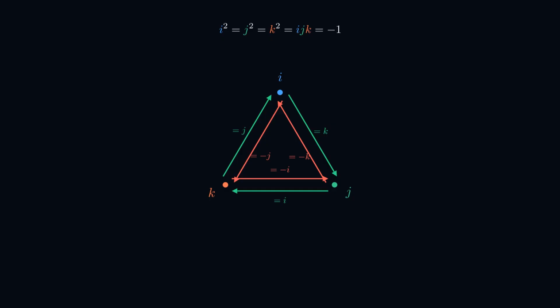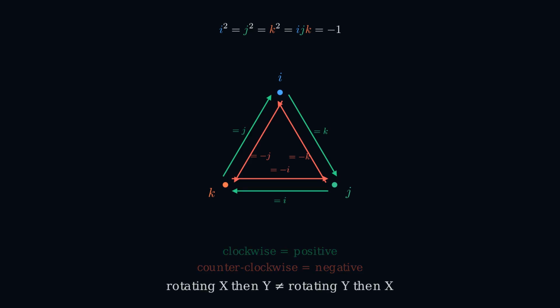Reverse order flips the sign. Going clockwise around i, then j, then k, then back to i, gives a positive product. Going counterclockwise flips the sign. That asymmetry, order determining sign, is precisely why quaternions can represent orientation, something a commutative system cannot. Rotating around x, then y is physically different from rotating around y then x.